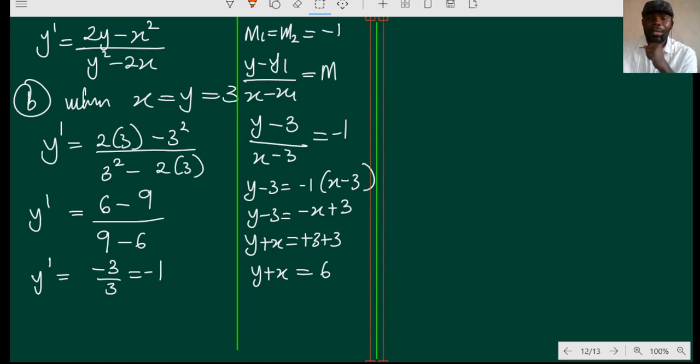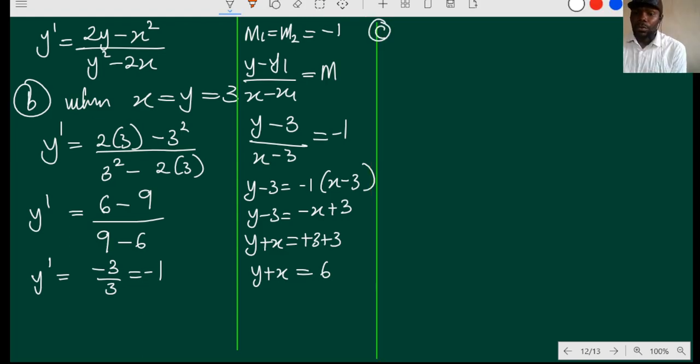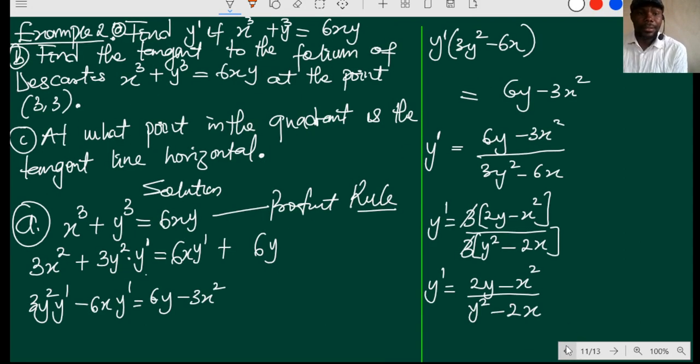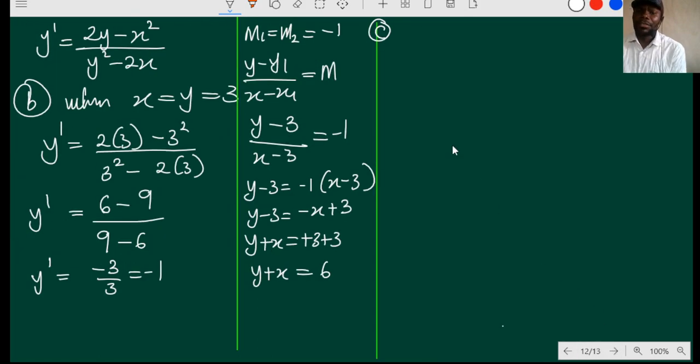So there is some terminology in differentiation needed to explain the horizontal case. He said, at what point is the tangent line horizontal? We call it horizontal when there is a curve like this.